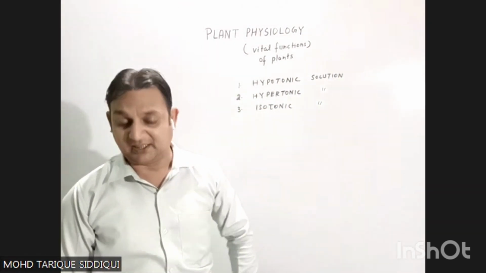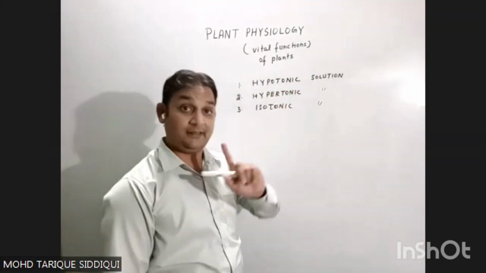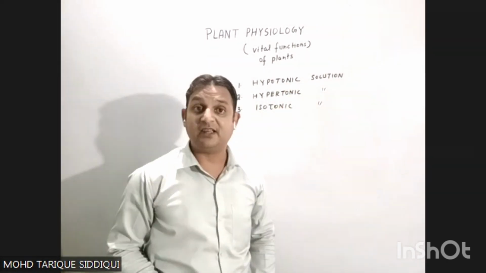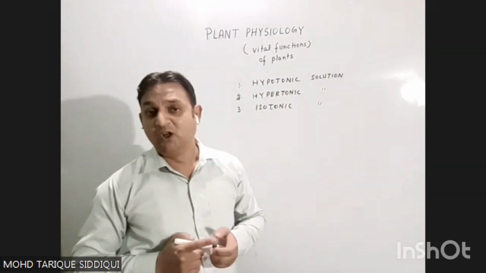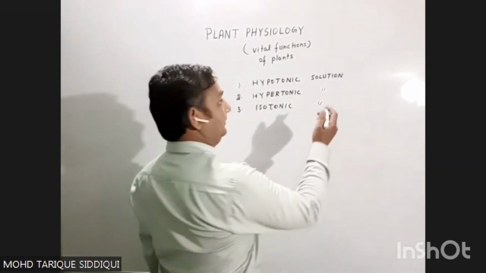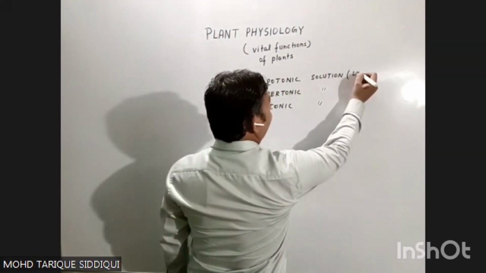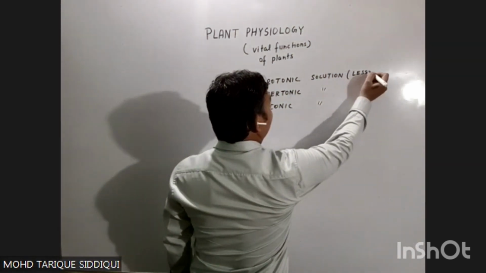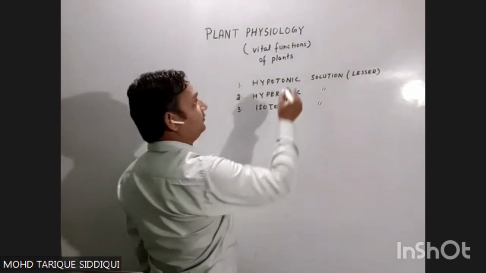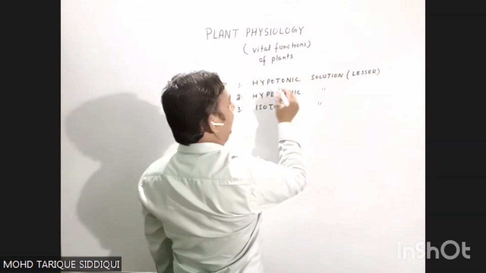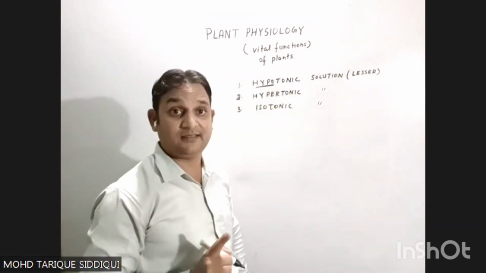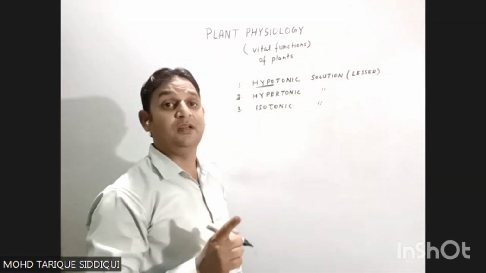What is kinds of solution with respect to cell sap? Number one, hypotonic solution. It is that solution whose concentration is lesser than the concentration of cell sap.